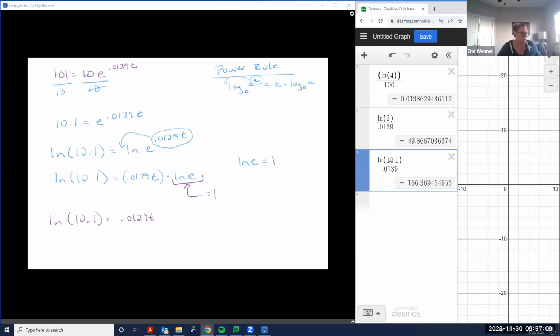When we get into some of the farther problems into this section, and we have to use logs and not natural logs, we can't just throw a piece of it away because it equals 1. And so I did want to show you this process so that when I get to those, it doesn't seem weird. Okay.